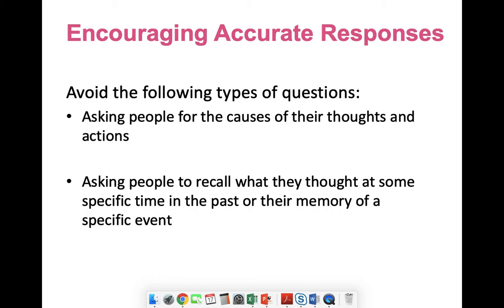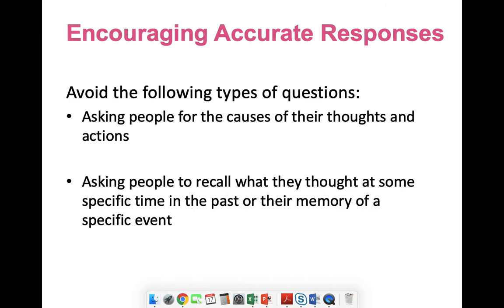Another thing to avoid would be to ask people to recall what they thought at some specific time in the past, or for their memory of a specific event. This just has to do with the imperfect nature of our memory. Our memories are very fallible. So, if you were asked the question, when was the last time you took your car to the car wash? What were you wearing on your 21st birthday? Where were you and what were you doing when you got your acceptance letter to college?